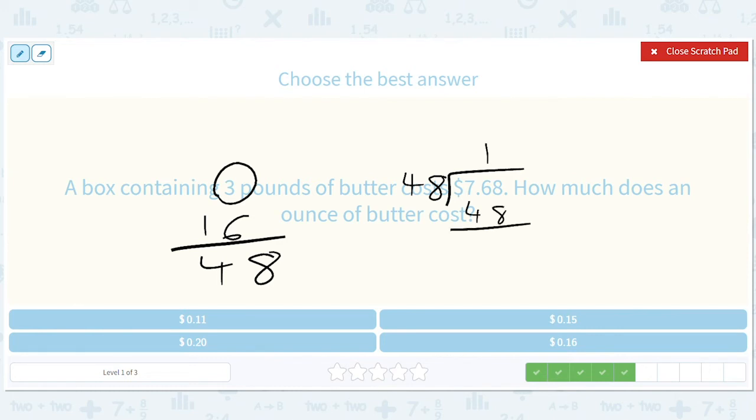This will be an 8. This will be 2. This will be 288 when we subtract. Okay, and this should be a 6. So 48, 28. This gives us 0. So it should give us 16 cents.